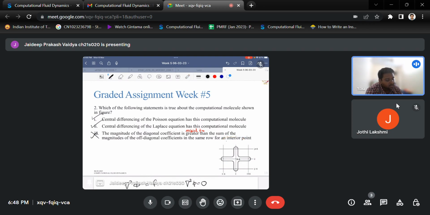If you are using a boundary point, what we can see is that this computational molecule will go to 0 provided this boundary is also given as 0. So we'll just be having to deal with these three, and basically there will be 1, 2 and 3 terms, whereas this will have minus 4 or minus 2 times 1 by delta x square plus 1 by delta y square.